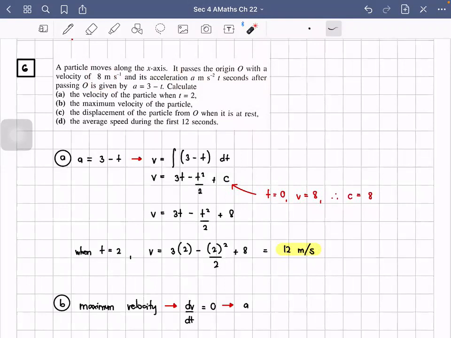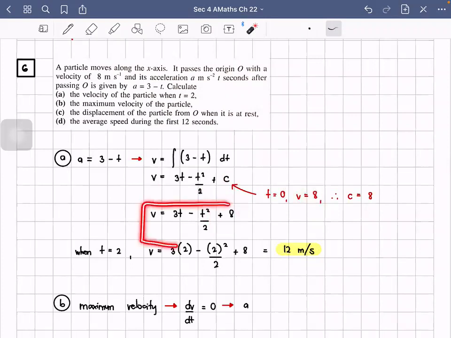So if it's on the origin, time is 0, but the velocity is already 8 meters per second. Therefore, c is equal to 8. So you just plug in 0 and 0 here, and then here is 8. So c is equal to 8. All right, so that's why you got 8 right here.